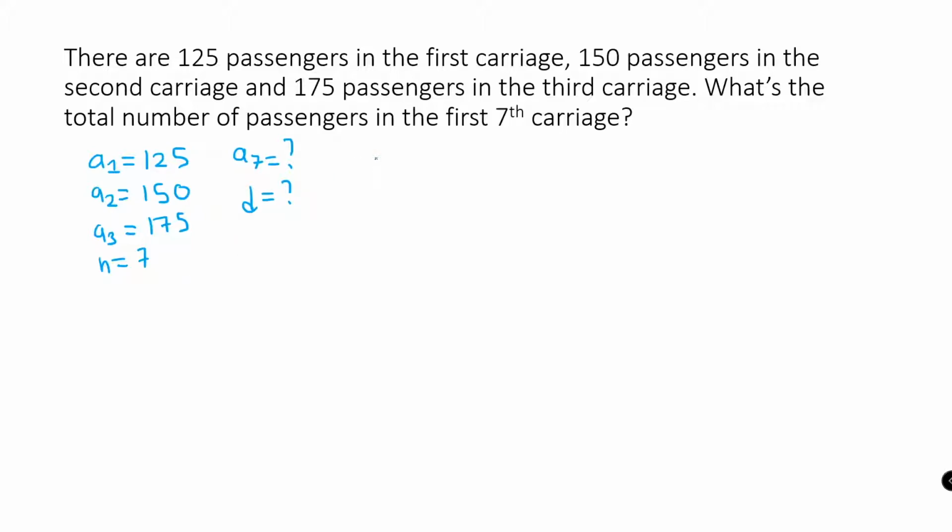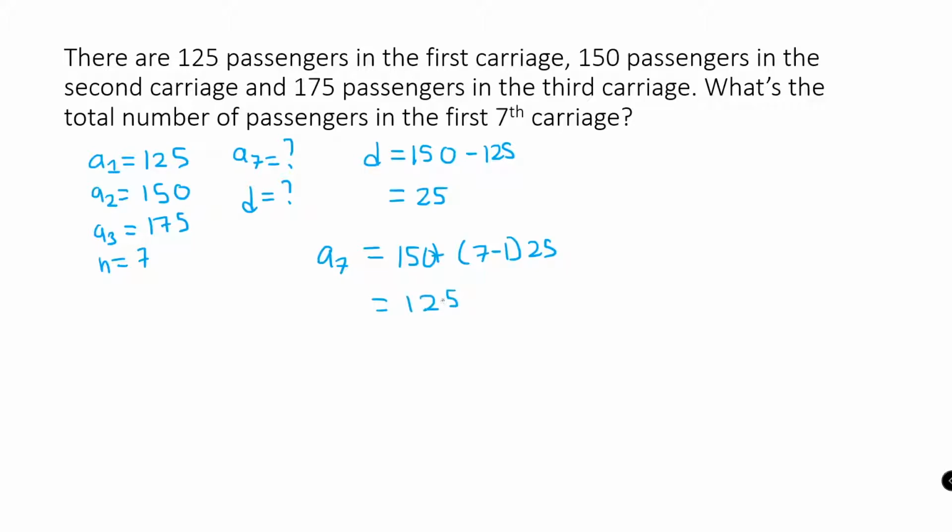Finding D is the easiest because D is equal to 150 minus 125. So the second term minus the first term, it will equal 25. And so we can use this to find A7, which is equal to 125 plus 7 minus 1 times 25.